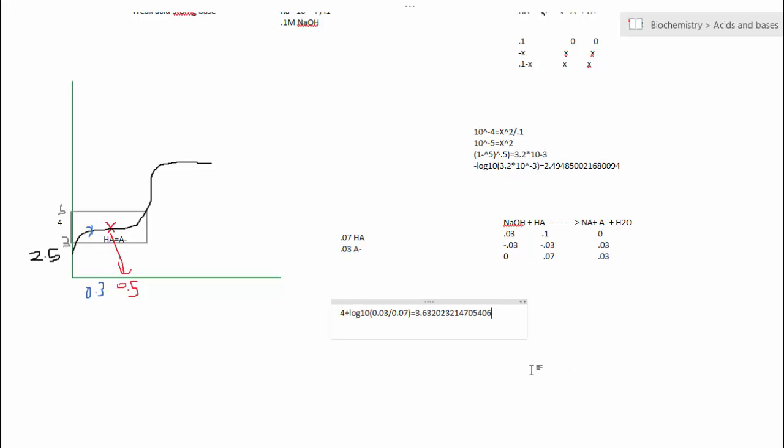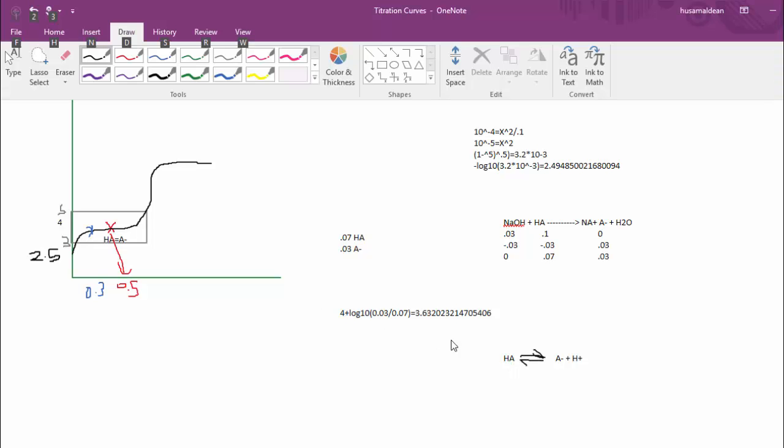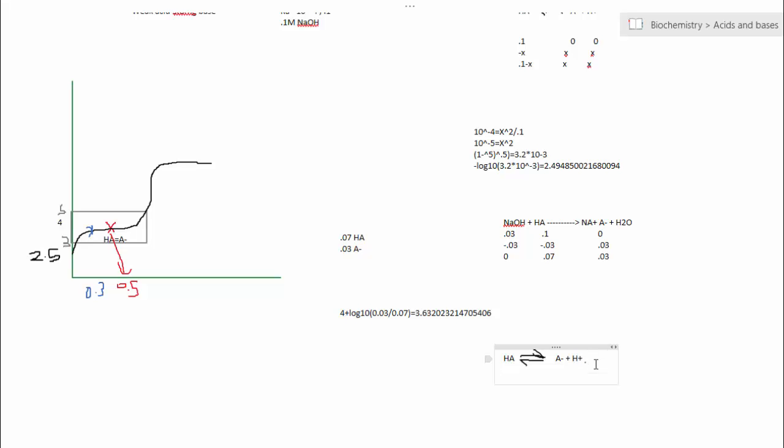If we do not use the Henderson-Hasselbalch equation, or we want to do it without assumption, we will do it this way. HA becomes A minus and H plus, with the arrows like this. Here we are starting with 0.7 moles of HA, and here we are starting with 0.3 and 0.